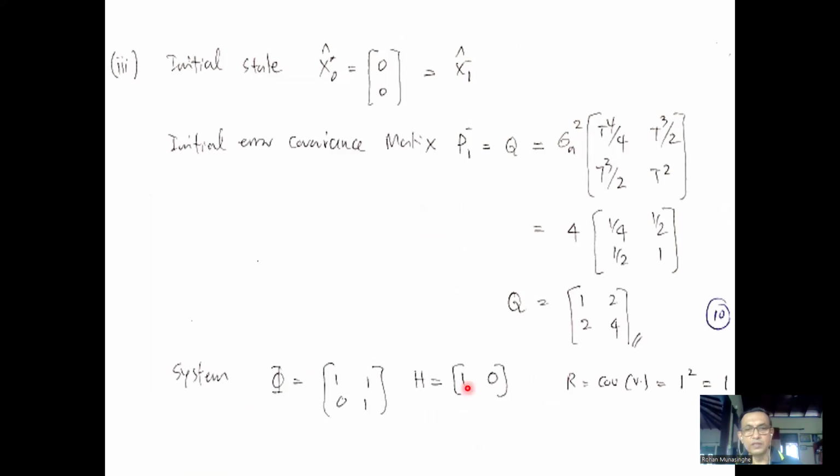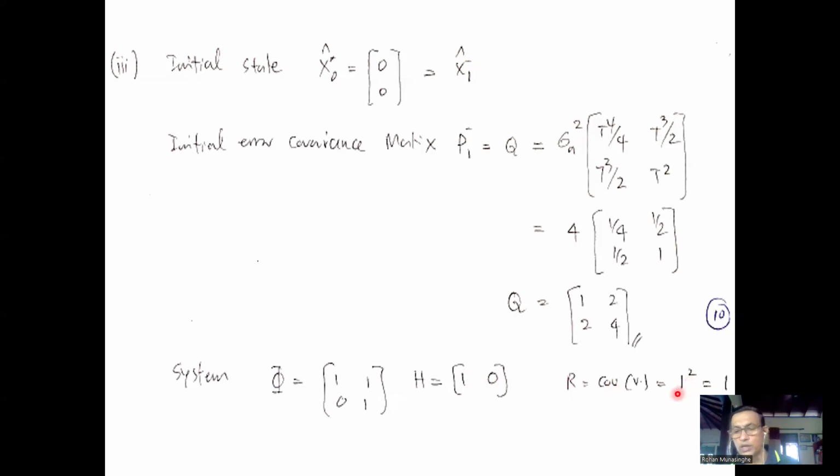H is a row vector which will have ones in the positions of the measured states and zeros in the positions of unmeasured states. We have two states here, position and velocity, and this sensor measures only the position. Therefore 1 over here, 0 there. And it is also said that the sensor has some noise, standard deviation of 1.